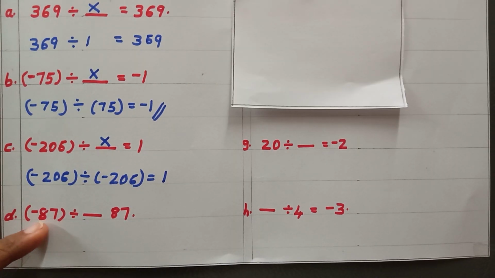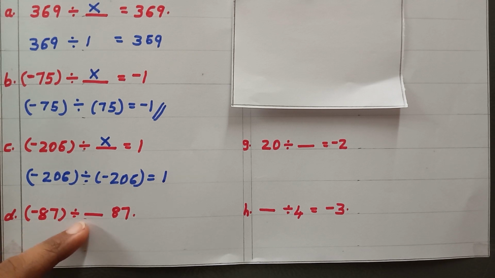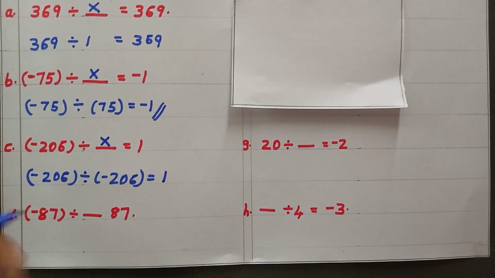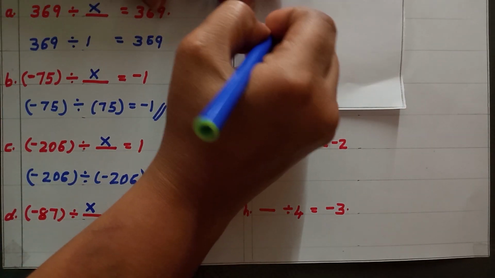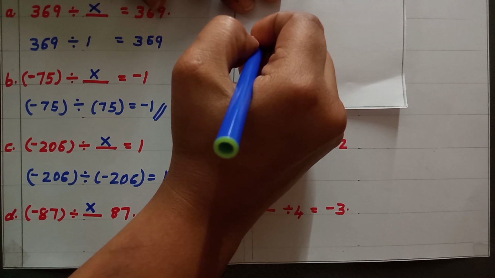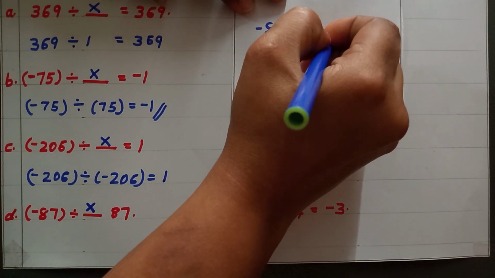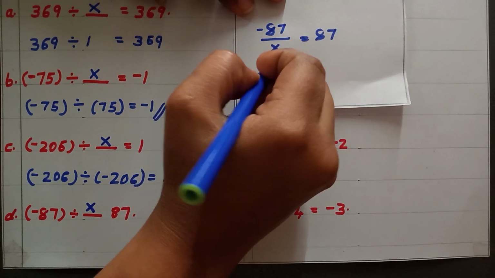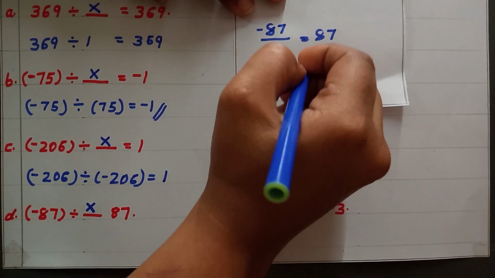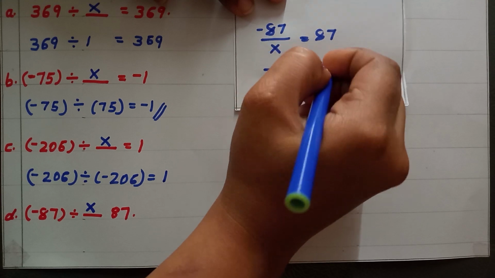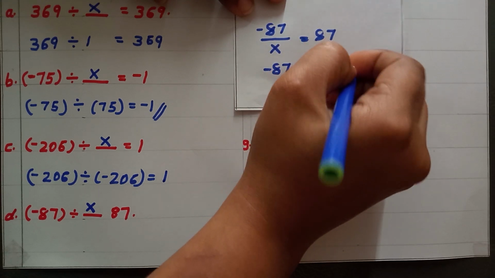Next one, minus 87 divided by dash equal to 87. Let it be x. Minus 87 divided by x equal to 87. Minus 87 equal to 87 into x.